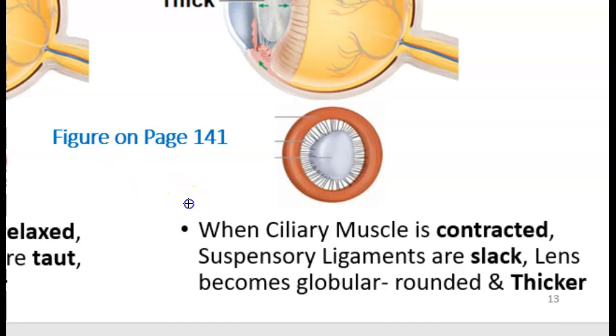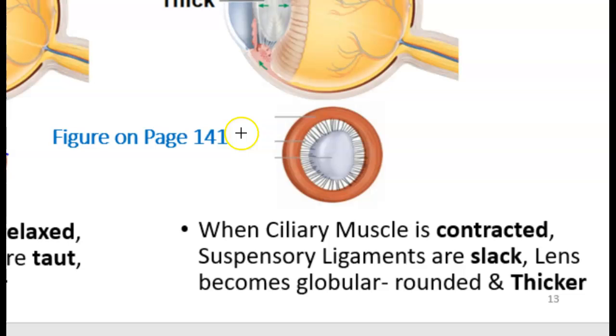Essentially what this does is make the thickness of the ciliary body thinner. The width, I guess we'll call it. It's thinner. When this muscle is relaxed, though, notice that it has suspensory ligaments that are attached to the lens.